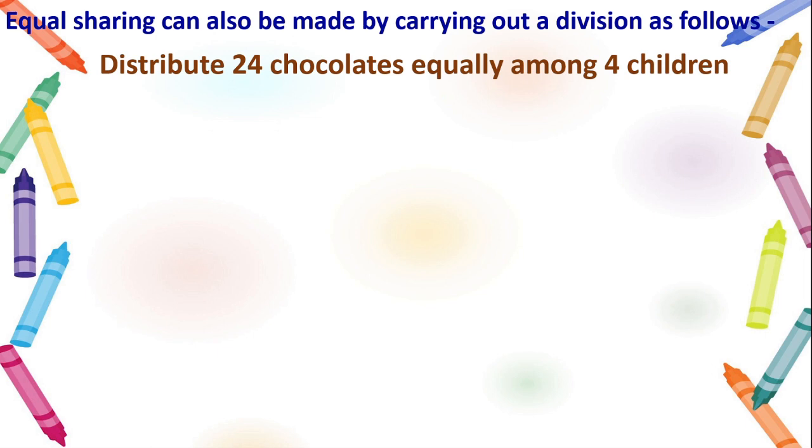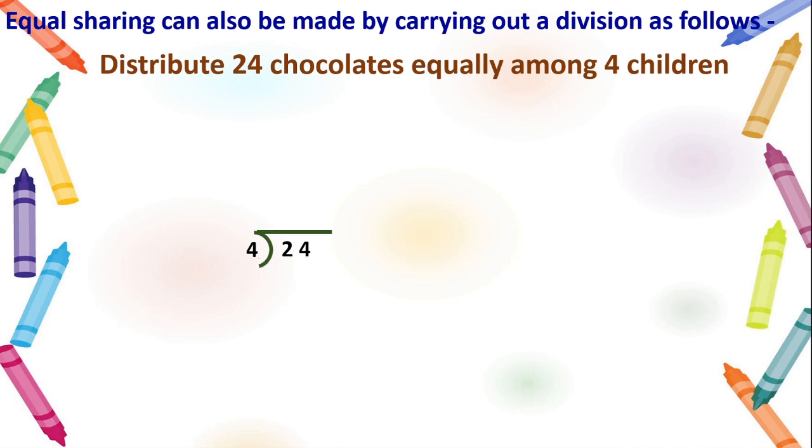Here how many chocolates are there? 24. And we have to divide equally among 4 children. So here we have to write 24 inside this division symbol and 4 outside. This is the total and this is the number of children. Among them we are going to divide these 24 chocolates.